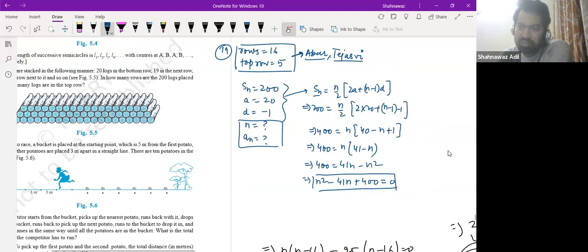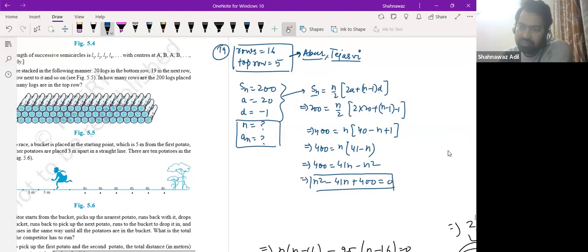Which one would be easy to solve this? What is the square of 41?